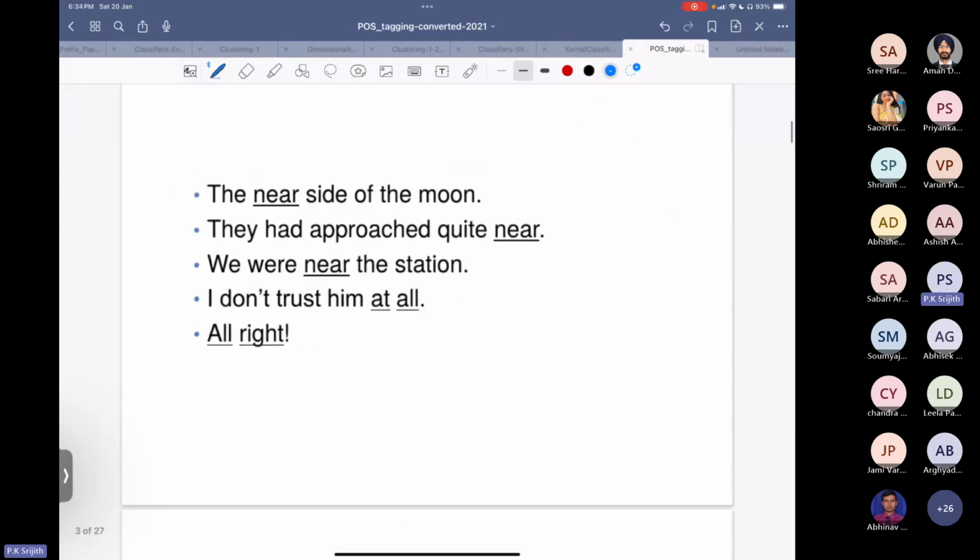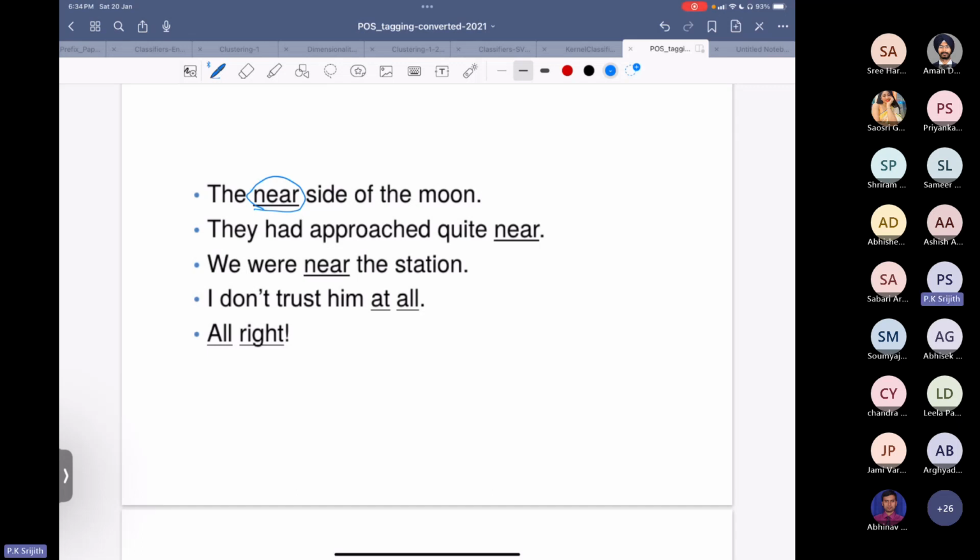So if you look at these examples, what do you think is going to be the part of speech tag of near in this sentence, the near side of the moon? VB. The near side of the moon, right? Do you think it is VB? Anybody else?